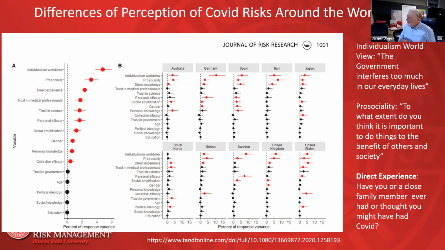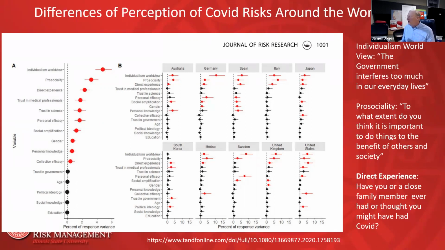There's a worldview called individualism, which says, I believe the government interferes too much in our everyday lives. They're going to have a different perspective on COVID, as do people who have what's called a pro-sociality view: to what extent do you think it's important to do things that benefit others in society? If you hold either of those views, it's going to affect your perception of COVID and vaccinations.